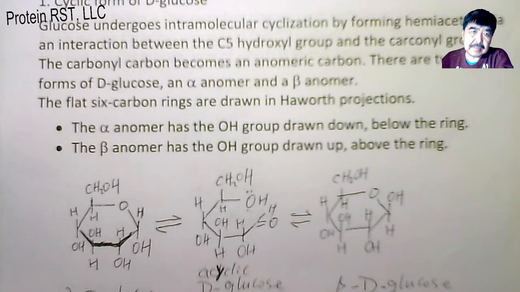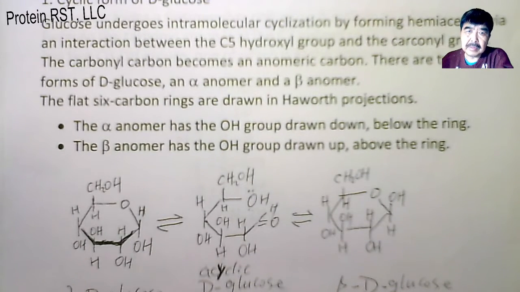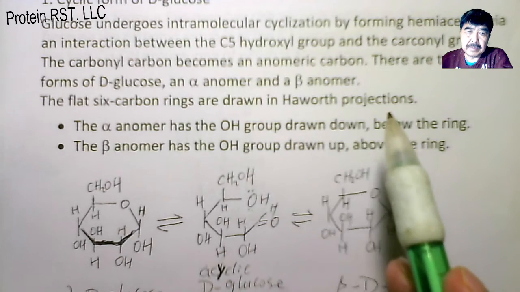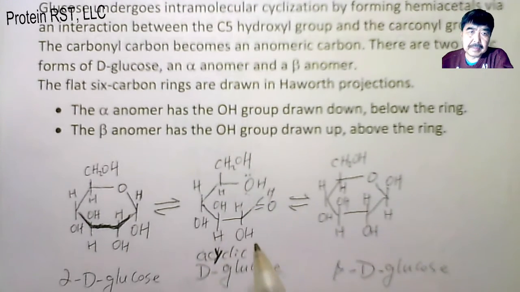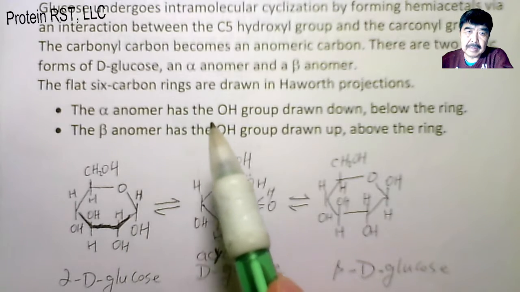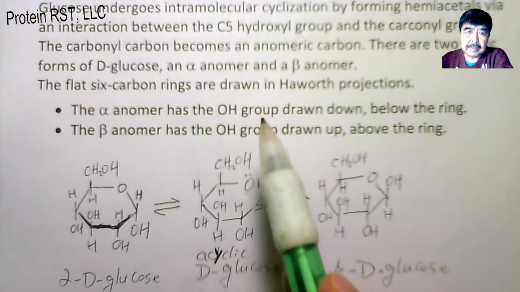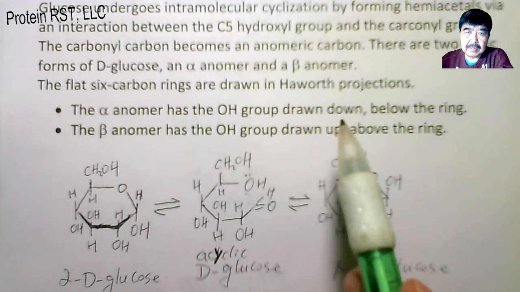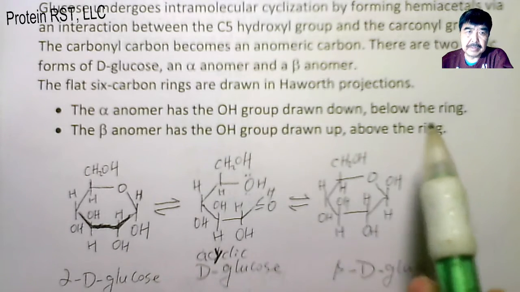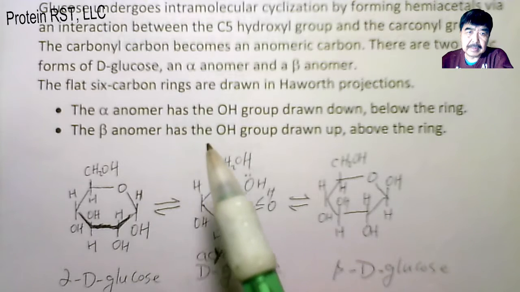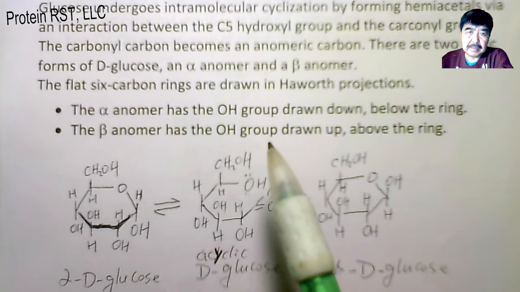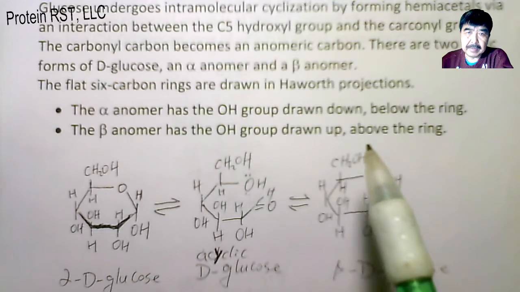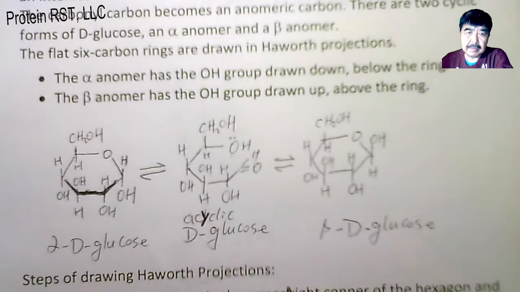The flat 6-carbon rings are drawn in Haworth projection. The alpha anomer has the hydroxy group on the anomeric carbon drawn down below the ring. The beta has the hydroxy group on the anomeric carbon drawn up above the ring. Take a look at this.